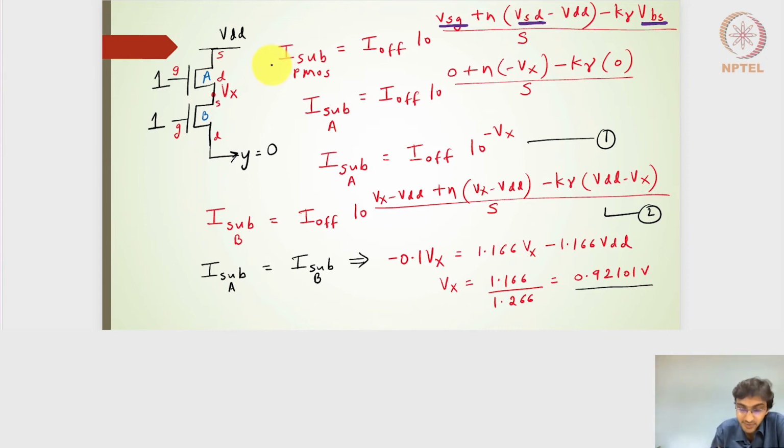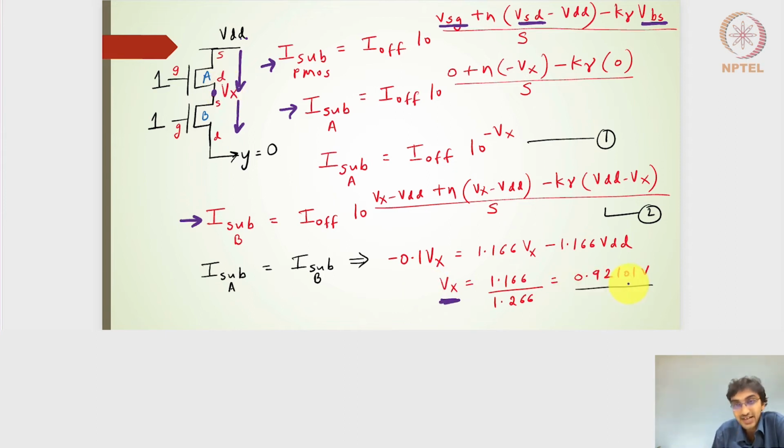So if I have this expression for the PMOS transistor, then with the VDD values, the stacked transistors, and the output node at 0, we know that the subthreshold leakage current for the transistor A will be the same as the subthreshold leakage current for the transistor B. Applying this Vx variable value and the logic level of 1, which is nothing but VDD, into these expressions, we should be able to express the subthreshold leakage current for the transistor A and for the transistor B, equate them, and arrive at a Vx value.